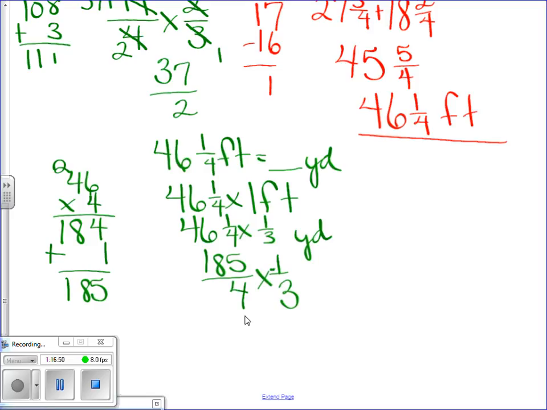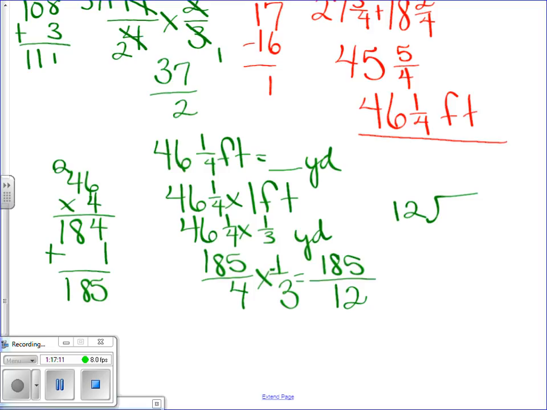That is so ugly. 1 plus 8 is 9. 9 plus 5 is 14. No, I cannot make that smaller by 3. So that's 185 twelfths.